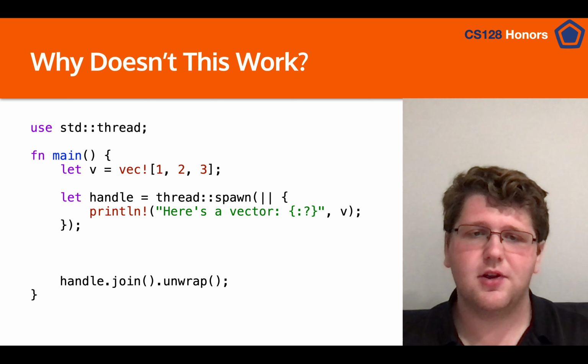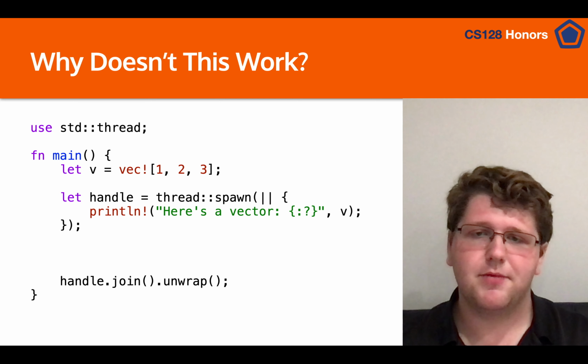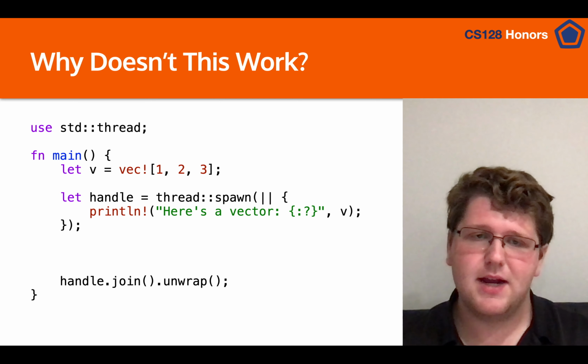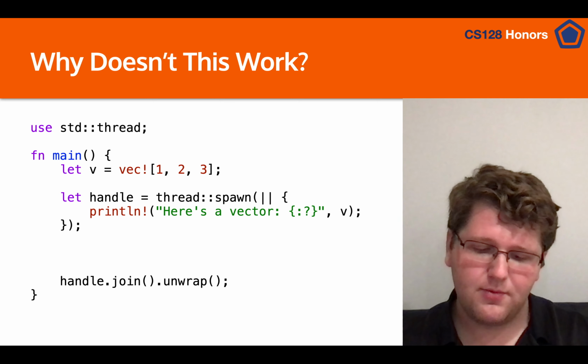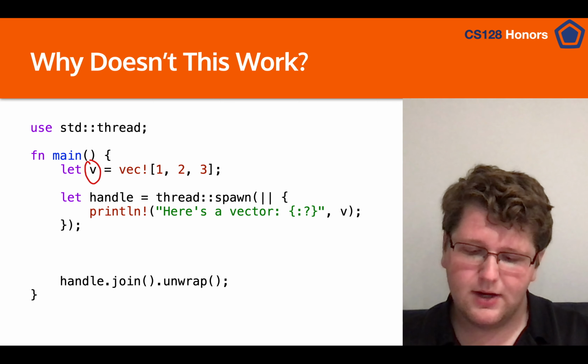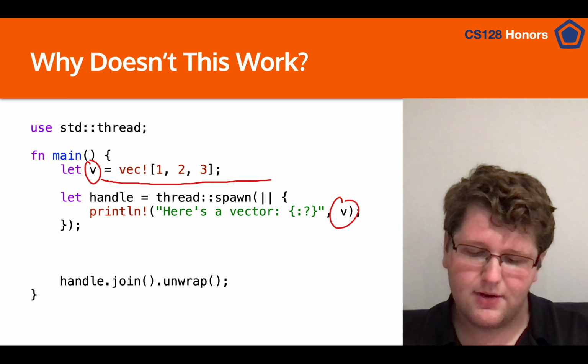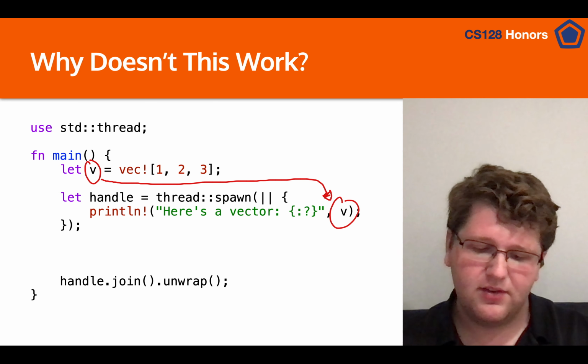So if we look at this code again, let's take a look at an example where v having an indeterminate lifetime would be a problem. We first start off with v and we borrow it inside here. So now v is being borrowed here, but it still is owned right there.